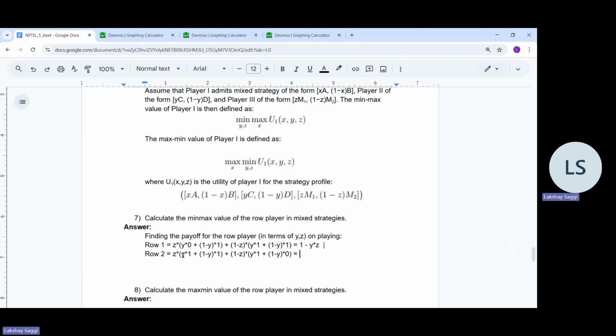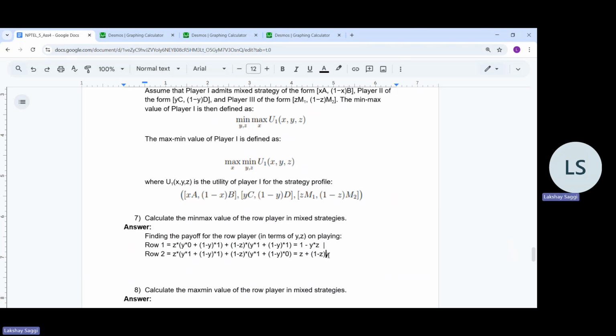And what will the other one be equal to? So let's say this is again y times 1 minus y, so this will be equal to 1. So it will be z times 1 plus, this will be y plus 1 minus y, so this term will be 0. So this will be 1 minus z times y. Right? And now what is this equal to?